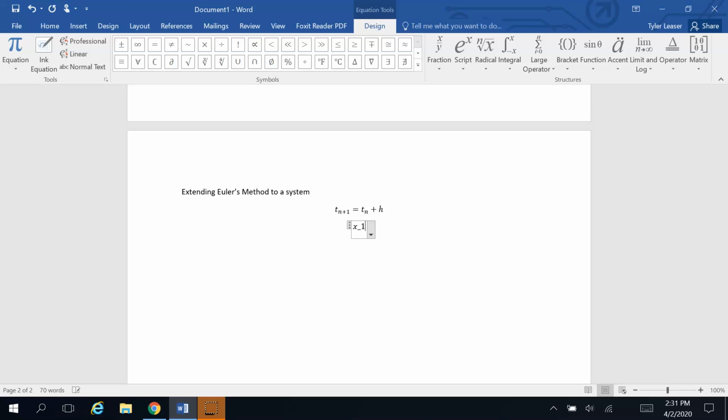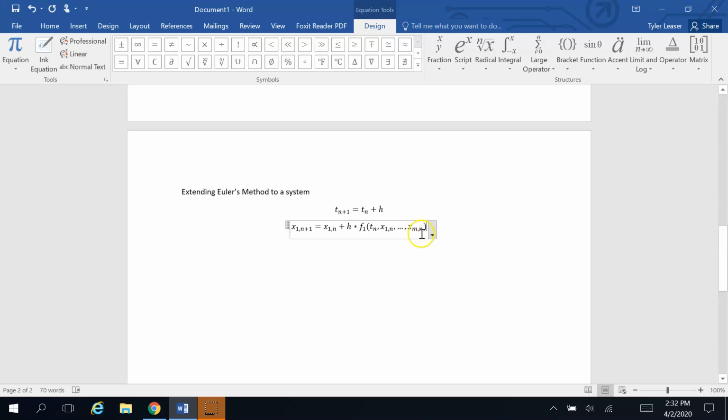So the way that we're going to notate this is that x sub 1, comma n plus 1. So this is function 1, and then the n plus 1 step. That is going to be the previous value of x sub 1, comma n, plus the step size times the function f sub 1 of t sub n, x sub 1 of n, and then all the way down. So x sub 2 sub n, x sub 3 sub n, all the way to x sub m of n.